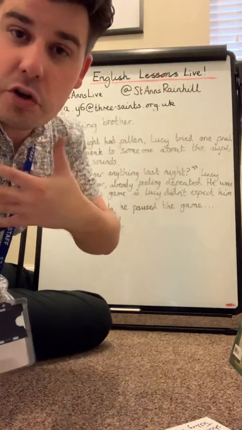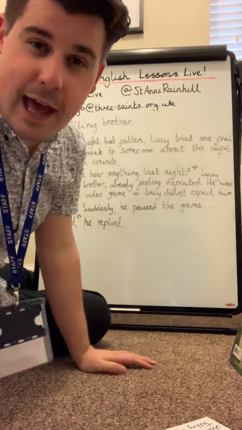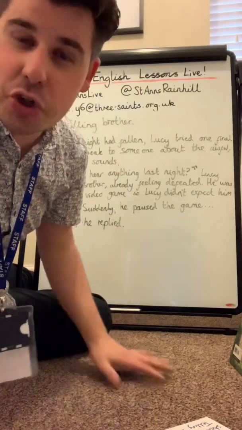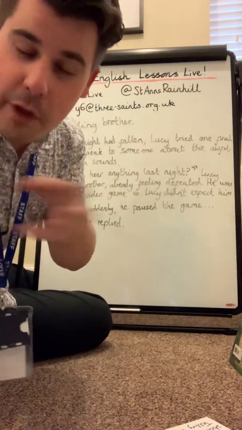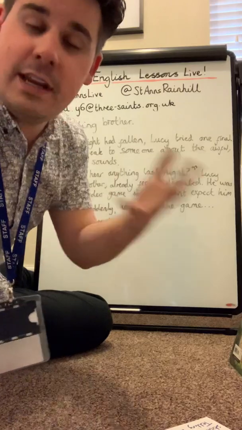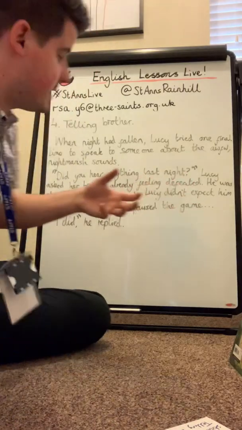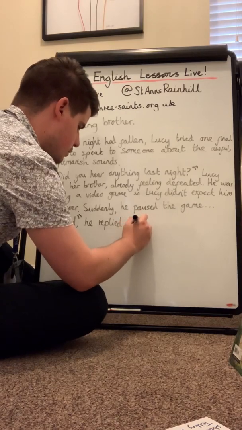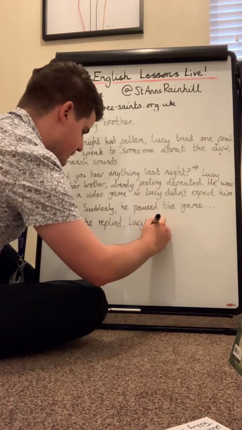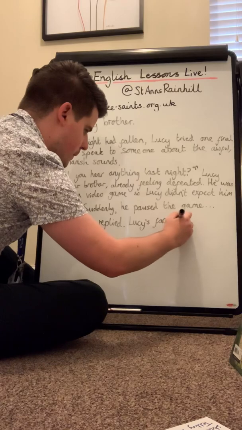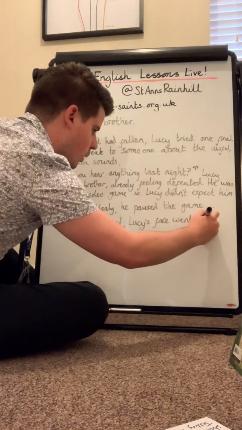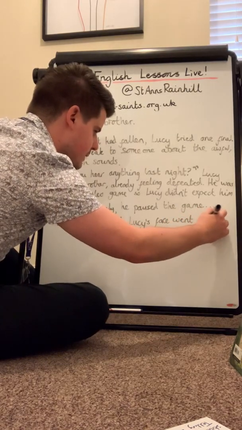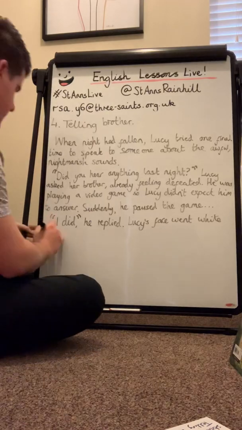Well, her face could go white. That happens when you feel scared. Or your hands could tremble. So maybe I'm going to add both of those things in. So maybe you could think of some different things that could happen when you're feeling scared. So, I did, he replied. Lucy's face went white, and her hands began to tremble.